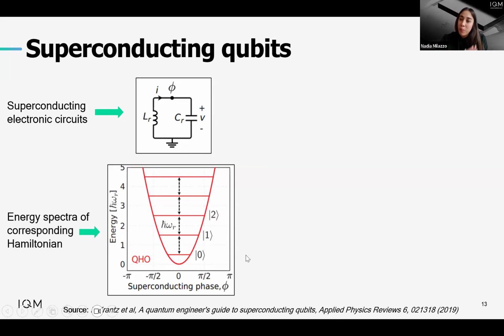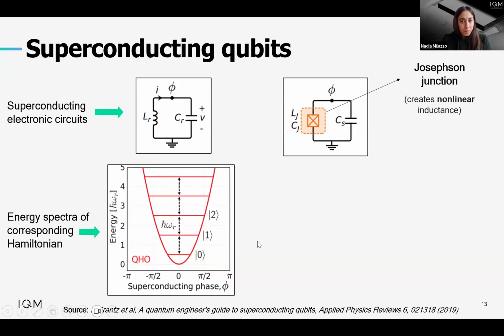And what is important here is to observe that the space between these permitted energy levels is the same. So we will have this quantity throughout all the levels that are infinite, and this is a uniform spacing. Why is this important? Because of what we need to do to isolate our artificial atom.